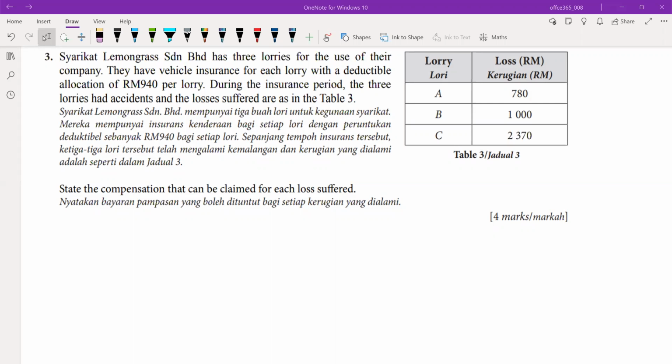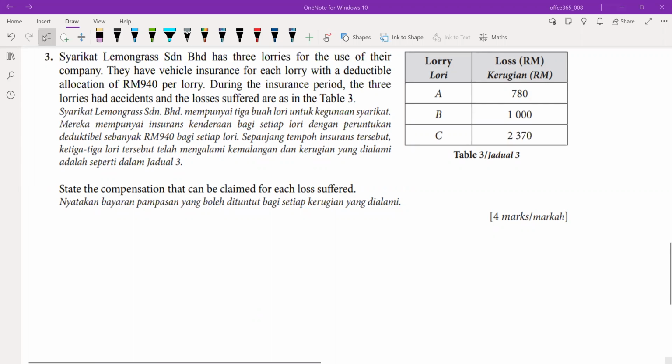I saw Enki also gave the answer already. Is it difficult? Let's discuss it now. Okay, everyone, let's see. Sharika Lemongrass Sodium has 3 lorries, A, B, C. For their company, they have vehicle insurance for each lorry with a deductible allocation of 940 per lorry during the insurance period. So what is your answer?